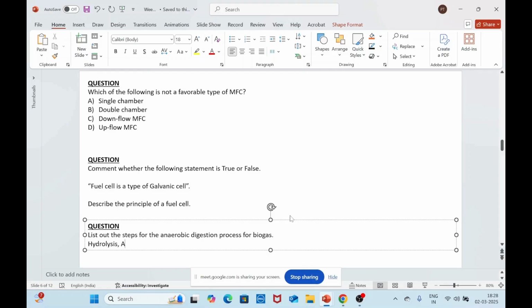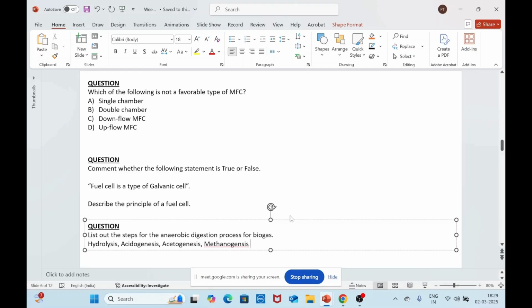Is it aceto or acido? Okay, acidogenesis. So the temperature becomes important because all these processes that you see are typically bacteria dependent. So your acidogenesis is going to use acid causing bacteria.